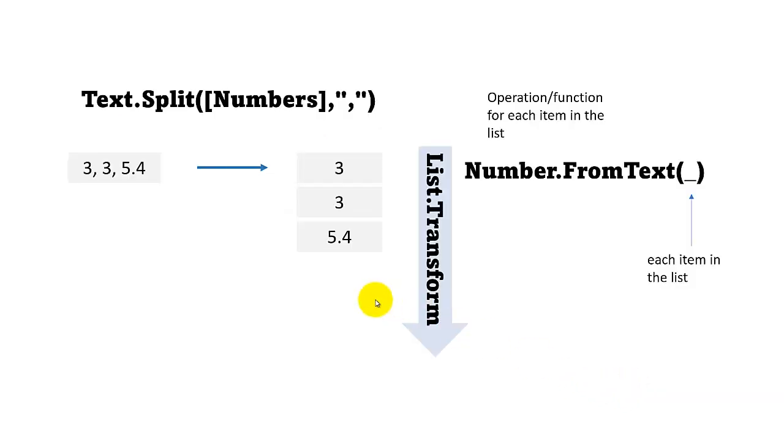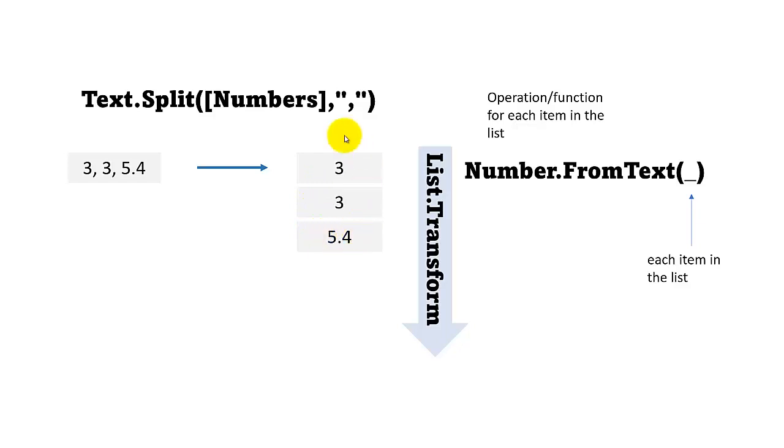Text.Split. Text.Split is the one. So look at this here. Text.Split, and then for each of these items, because originally it's a text, the list that you split is a text. So you need to find a way.